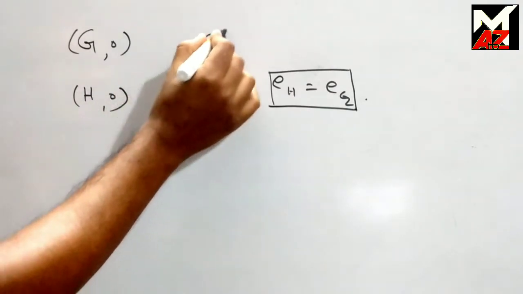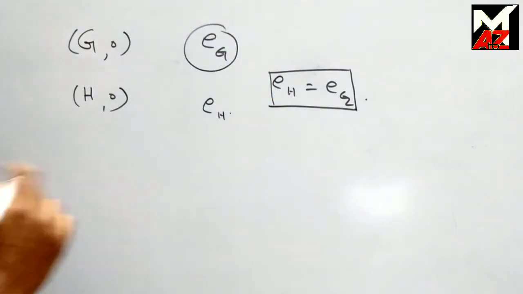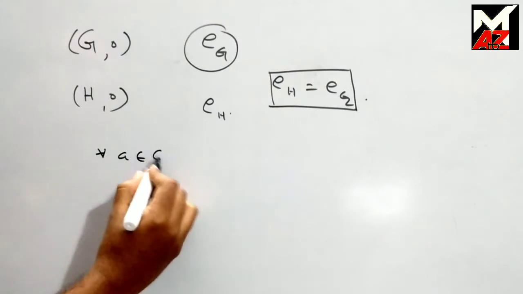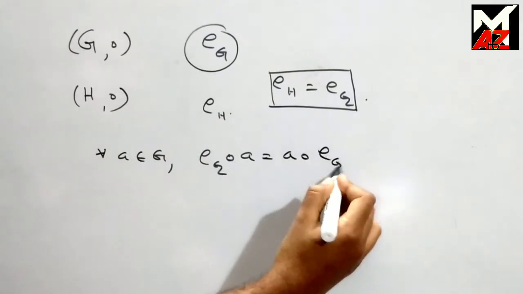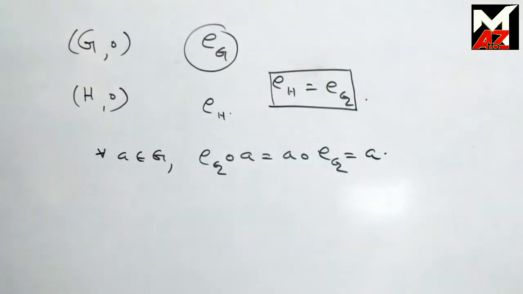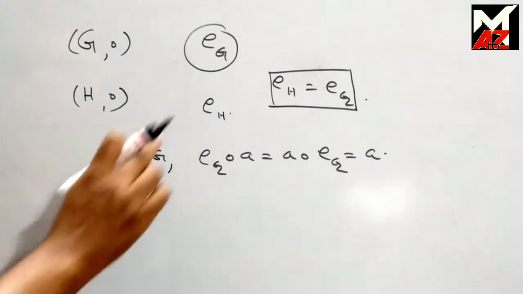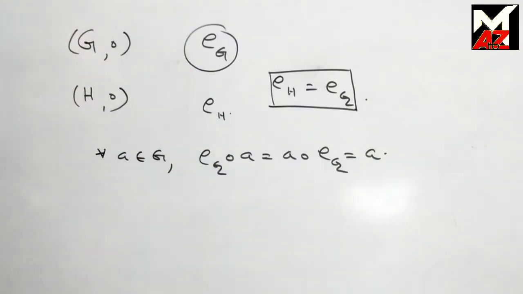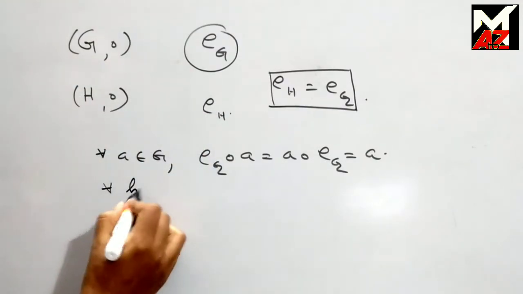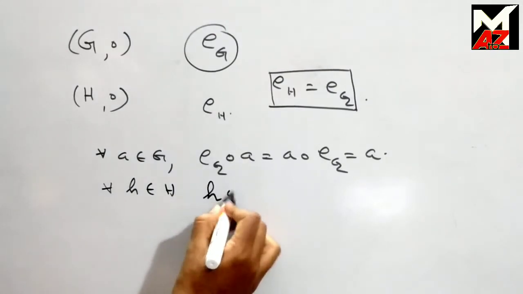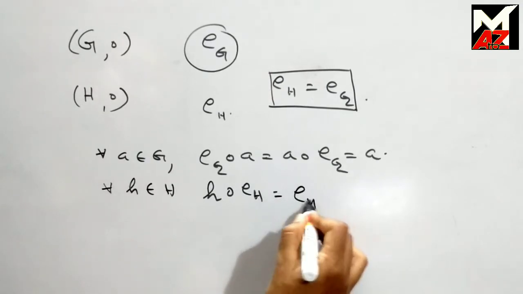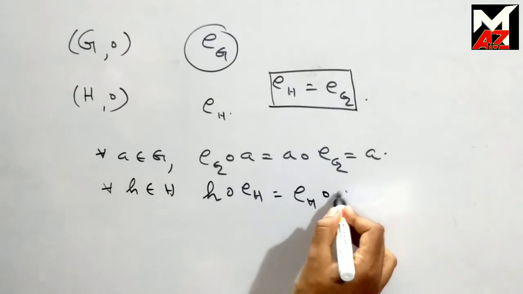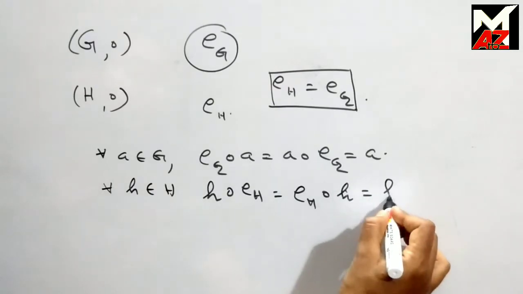From the definition of EG, we say that for all a belongs to G, EG compose a equals a compose EG equals a. Also, from the definition of EH, we say that for all h belongs to H, h compose EH equals EH compose h equals h.